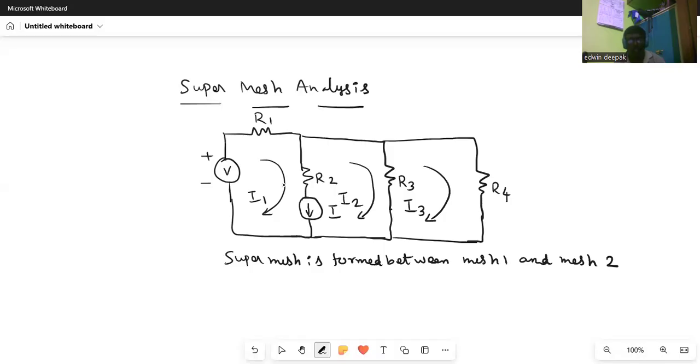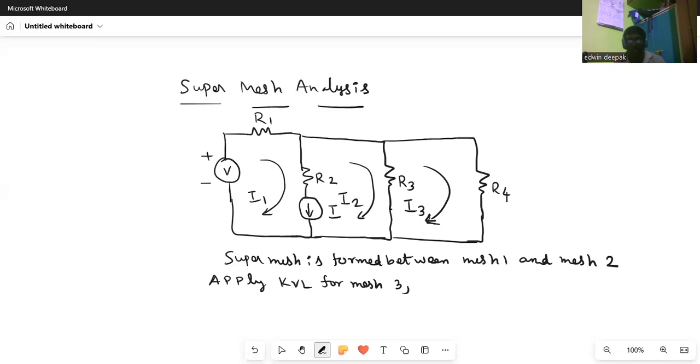So we are going to write the equation for loop 3 first. Writing the equation in loop 3, there is no problem because it does not have any current source. So directly we can apply Kirchhoff's voltage law for loop 3, or mesh 3, and write the equations directly.